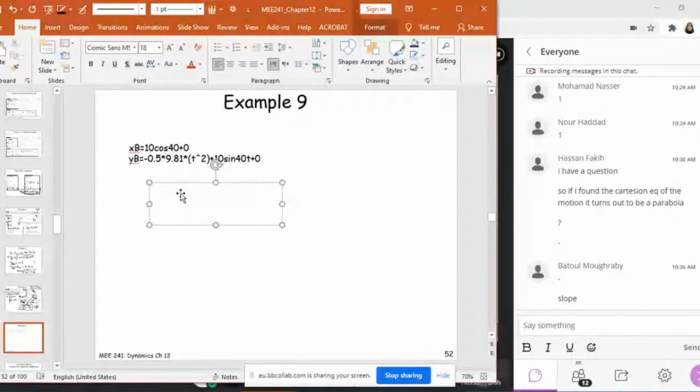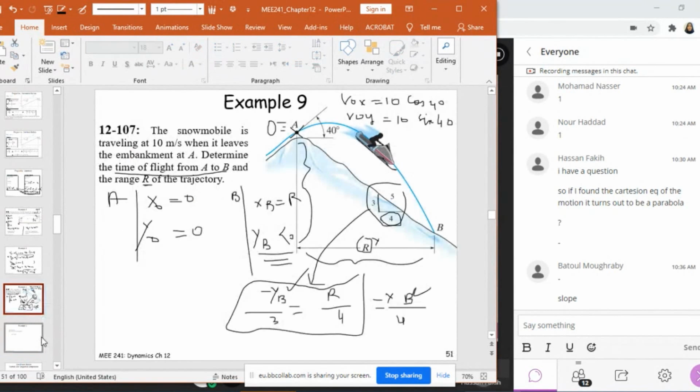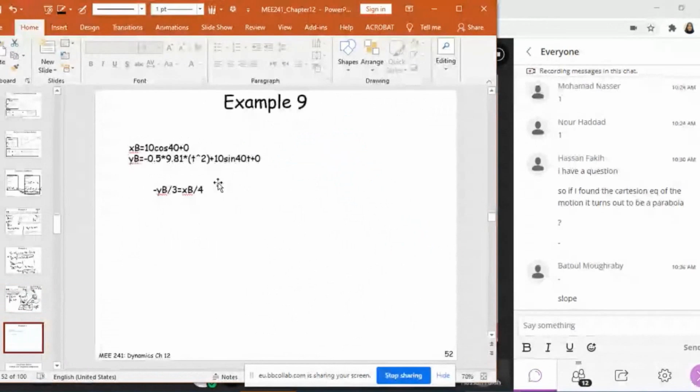And now, guys, from the scale, xb, or if you want to start by yb, minus yb over 3 is equal to xb over 4. Right?